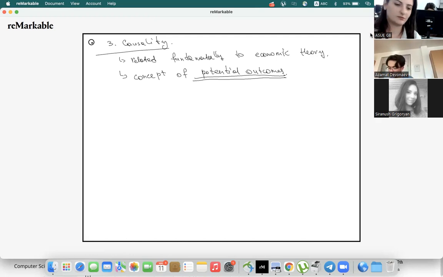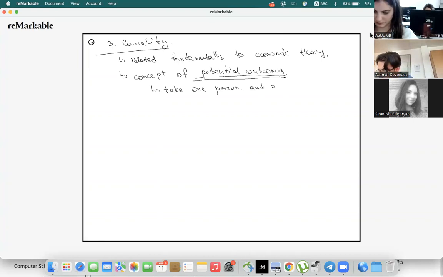So suppose, take one person, just take one person, and gather some data about that person.